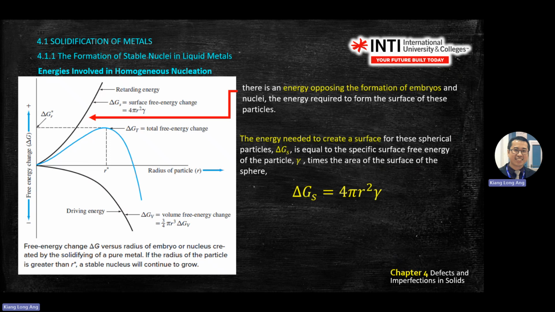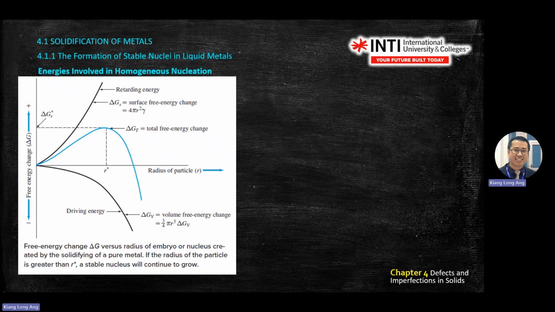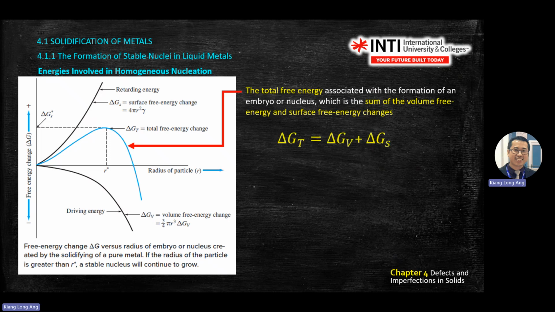Okay, so just now we have 2 kinds of energy. One is to create surface, which is delta G_S, to create surface, 4 pi r squared and then the gamma. Okay, so again, the formula on the slide here is wrong, a typo error.